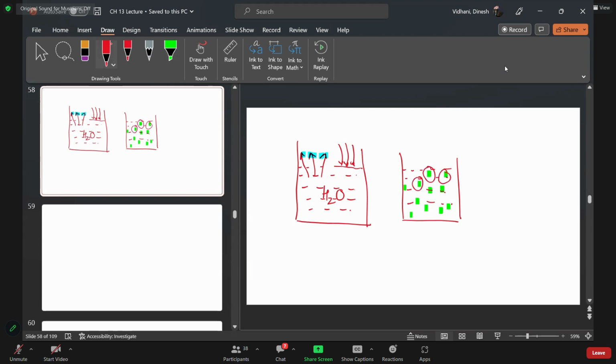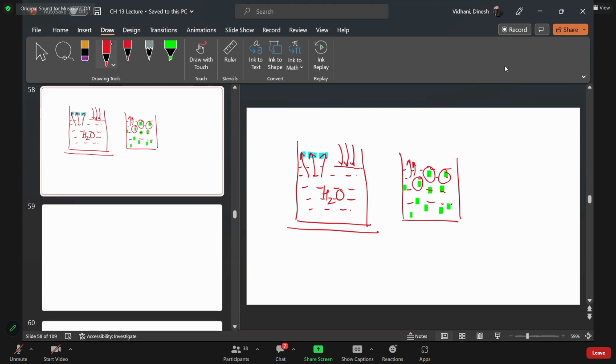So now we don't have enough water molecules going out into the atmosphere. So the vapor pressure is now less compared to the pure solvent. We have fewer water molecules going out and exerting that pressure. So the vapor pressure decreases.